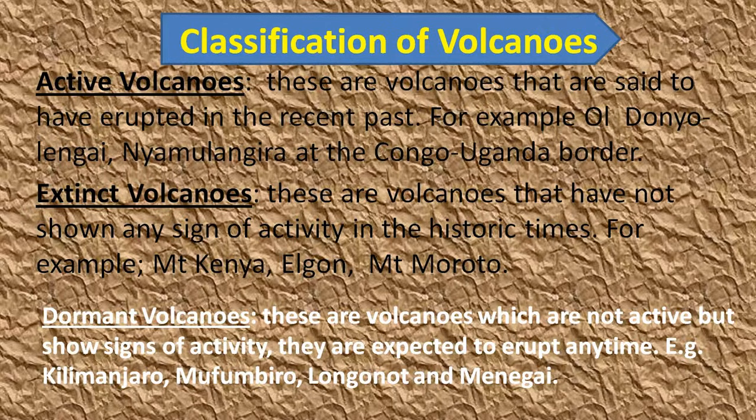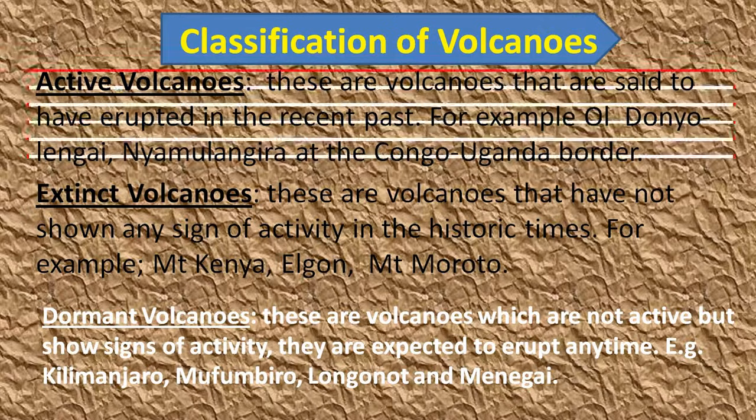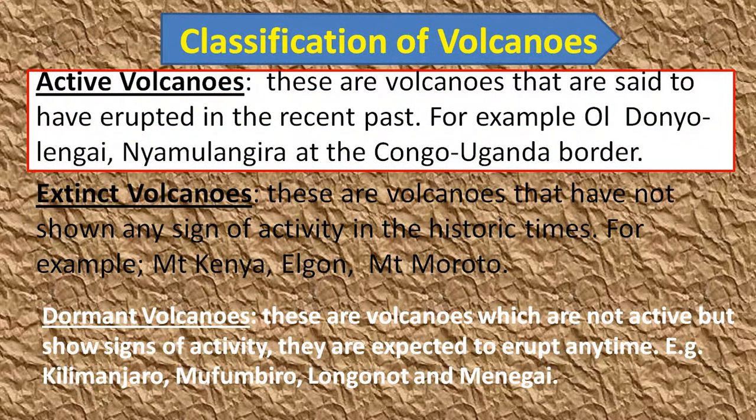So I guess that video was just quite enough for us to understand what we are talking about and why we call volcanicity one of the interesting topics in geography. So we move on. Classification of volcanoes. So we're saying volcanoes are these features formed by the process known as volcanicity. So we're saying, number one, we have what we call active volcanoes.